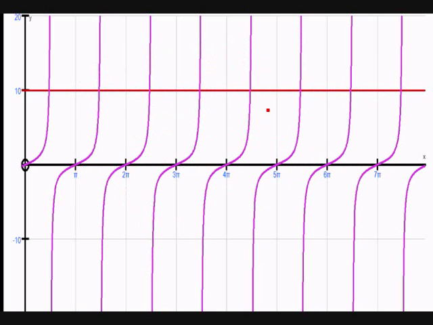Continuing like this to tan. Let's consider this as k. Then this will be the basic angle theta between 0 and pi over 2. Then this will be theta. Therefore this point will be pi plus theta. And this point, as you can see, will be 2 pi plus theta. And this is 3 pi plus theta, and so on.